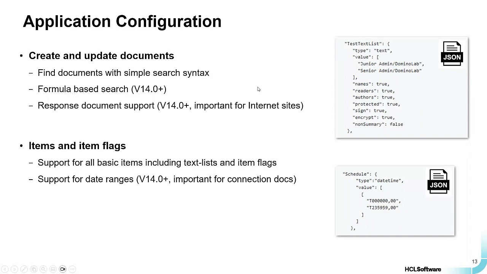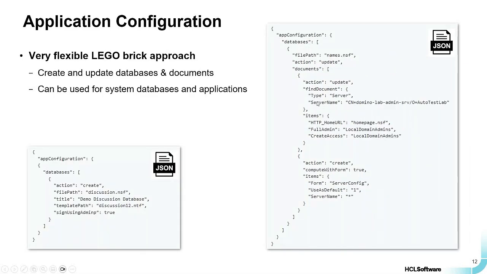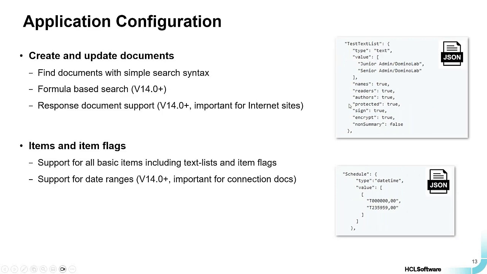I didn't put an example here, but I have one later on. So instead of specifying the find document with type and server, you can really specify a formula, and that might be helpful in some of the scenarios. And response documents are also new in 14.0. They are especially useful when you create internet sites, for example.